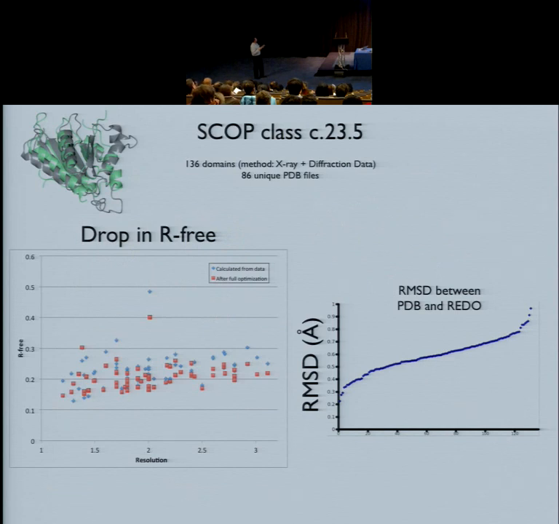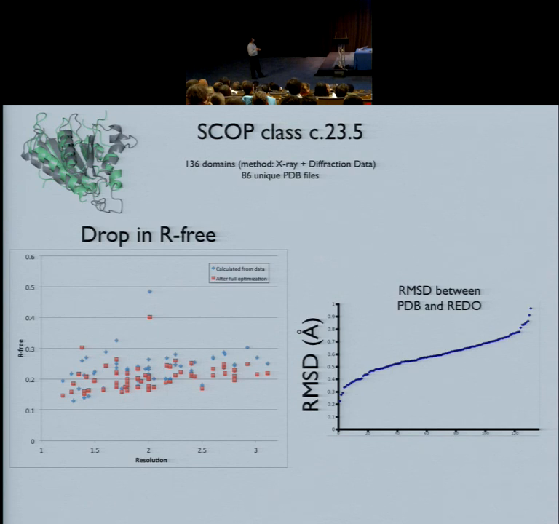This is the subset I showed you before with about 200 domains, which potentially could give you the solution. After refinement with PDB redo, out of the 200 data sets, about 136 domains were done by X-rays versus NMR, and they had diffraction data sets. We didn't need diffraction data sets for this data set, but for PDB redo, in order to improve the refinement, obviously you have to have diffraction data. And those 136 domains come from 86 unique PDB files.